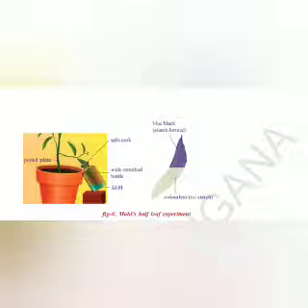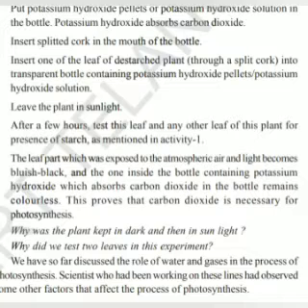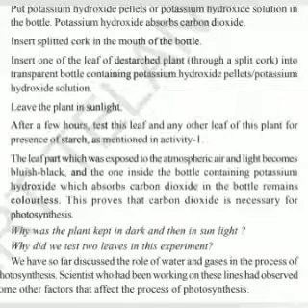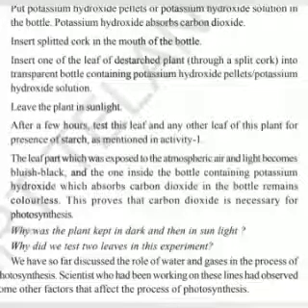When we remove the leaf from that bottle, we do the starch test. Already we know how to find starch by using a chemical reaction or an indicator. When we do the starch iodine test, the part of the leaf which is outside will be colored bluish black.